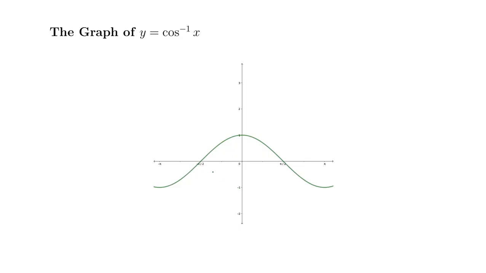Let's take a look at cosine inverse. So this is our cosine function graphed between negative pi and pi again. And you'll notice if you drew some horizontal lines, you get all screwy, right? So what we're going to do is restrict our cosine function to just this right half, between 0 and pi. So again, you'll notice you get this nice boundary from negative 1 up to 1. We get all those y values here, but we don't have any problem with the horizontal line test if we just restrict to this piece.